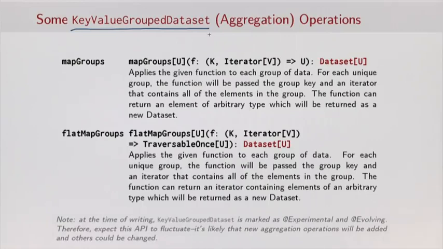You could imagine going to the collection of the values, and map groups basically does a map on that collection of values. And it returns a new data set as a result. And we have the same thing for flat map, exactly the same idea, just the flattened version.